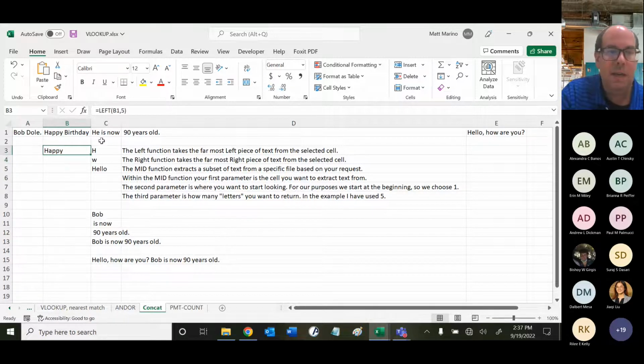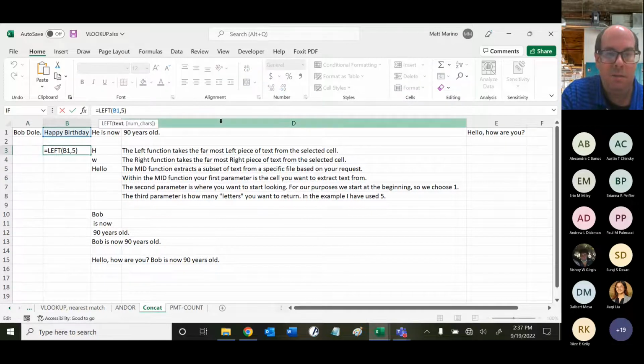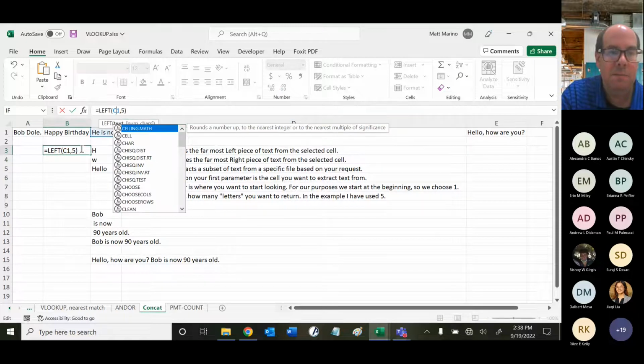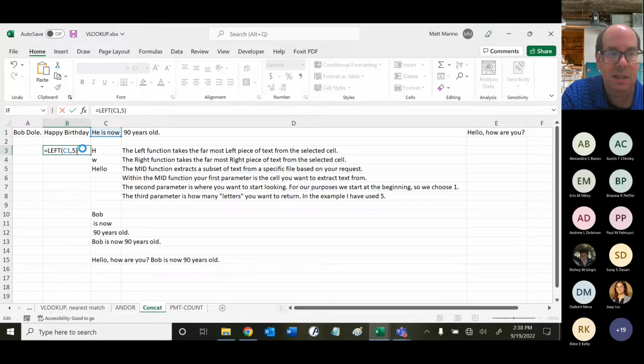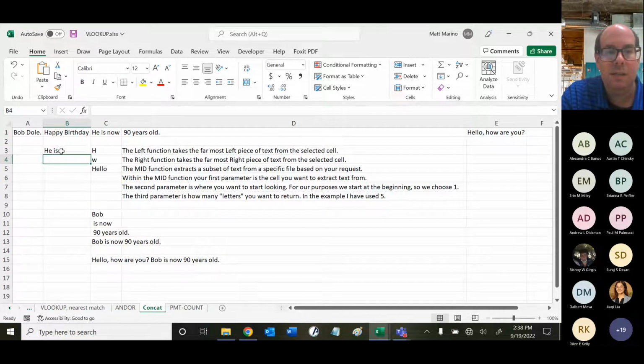If I wanted to take he is from C1, I would do the same thing. C1, comma 5. And that gives us he is, because it counts the space. Does that make sense to everyone?